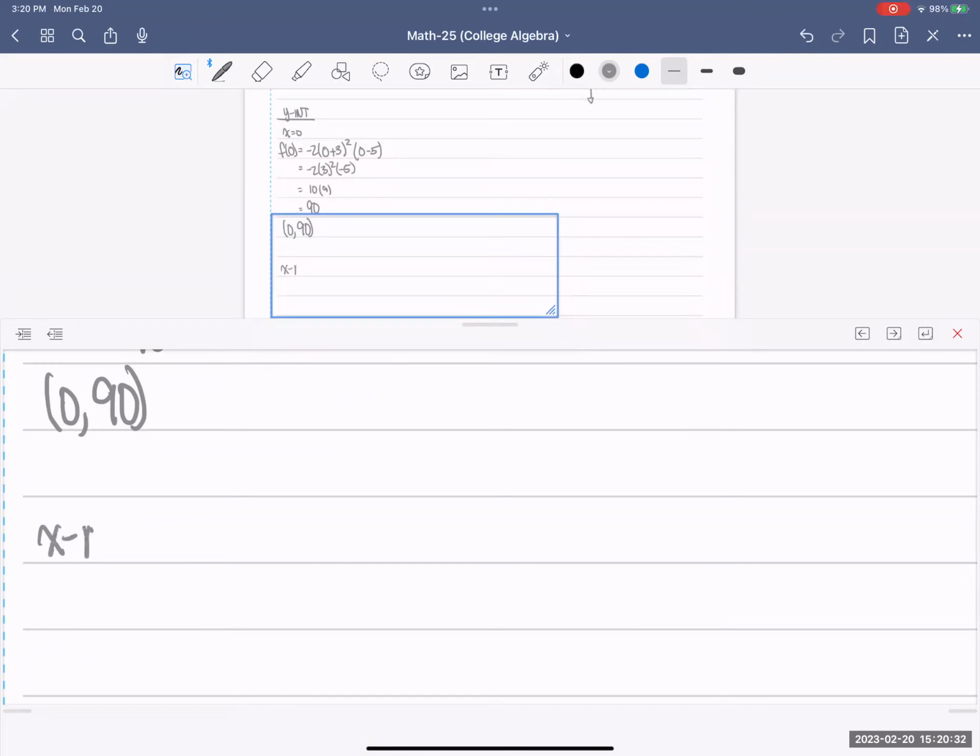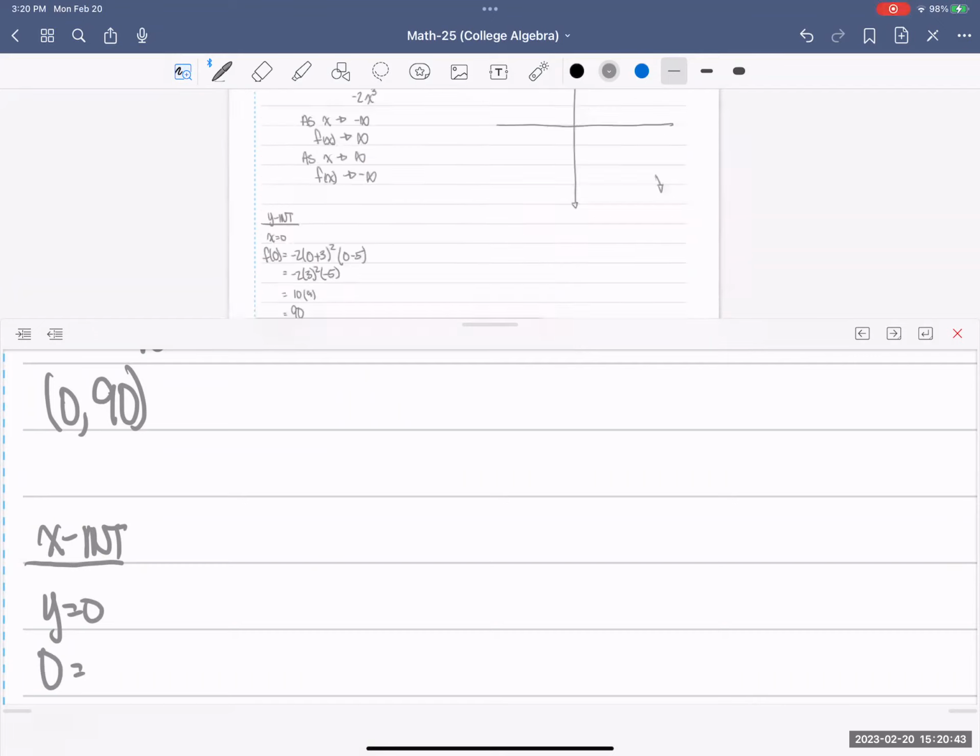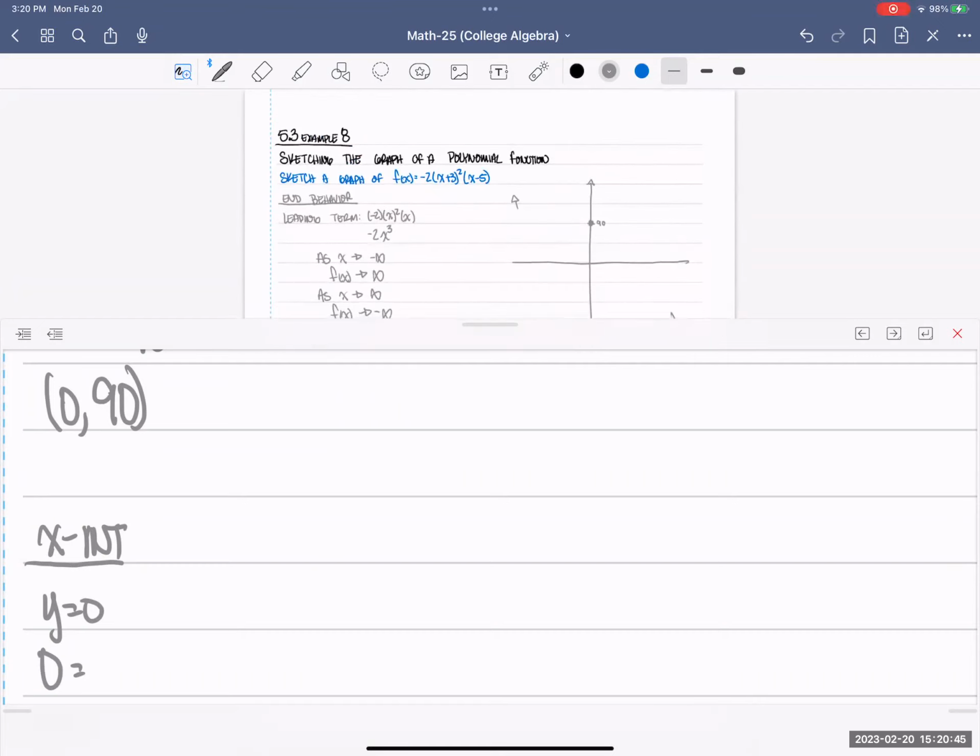An x-intercept happens when y is equal to 0, so we're setting our function equal to 0. We have 0 is equal to -2 times (x plus 3) squared times (x minus 5).